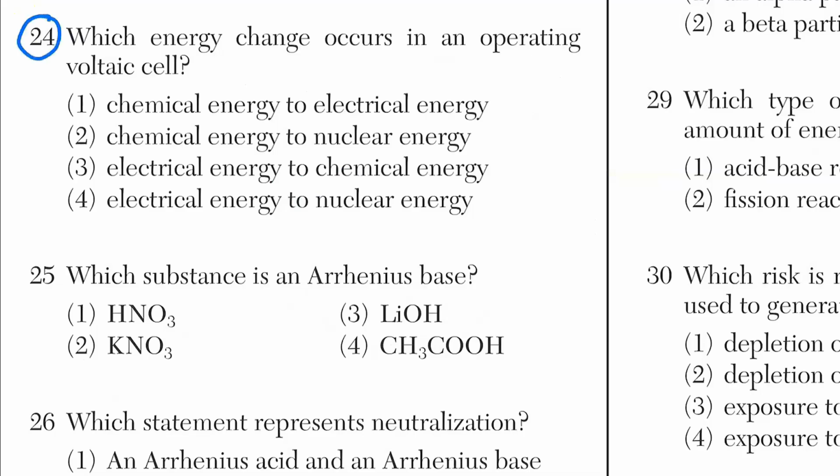Number 24. Which energy change occurs in an operating voltaic cell? Voltaic cell is your battery. Gotta know that. Alessandro Volta made the first battery when he argued with Luigi Galvani. So it also could be a galvanic cell, but they're a battery.